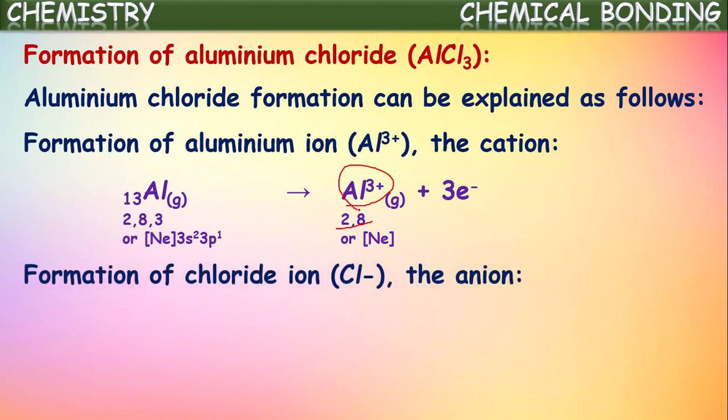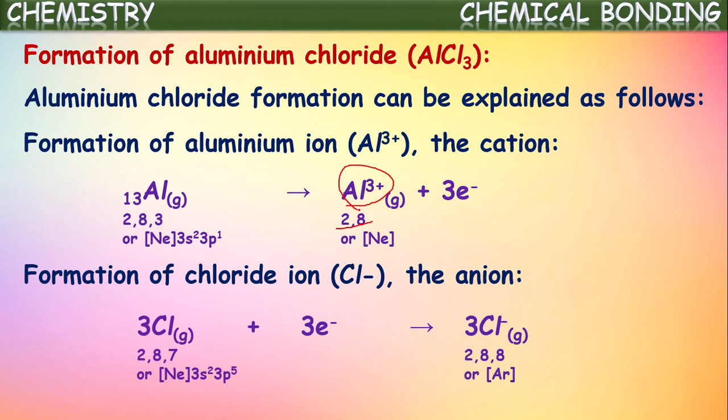And this is the formation of the anion, that is the chloride ion. Already you have seen the atomic number of chlorine as 17 with configuration 2, 8, 7. So here the chlorine atom is ready to gain 1 electron.